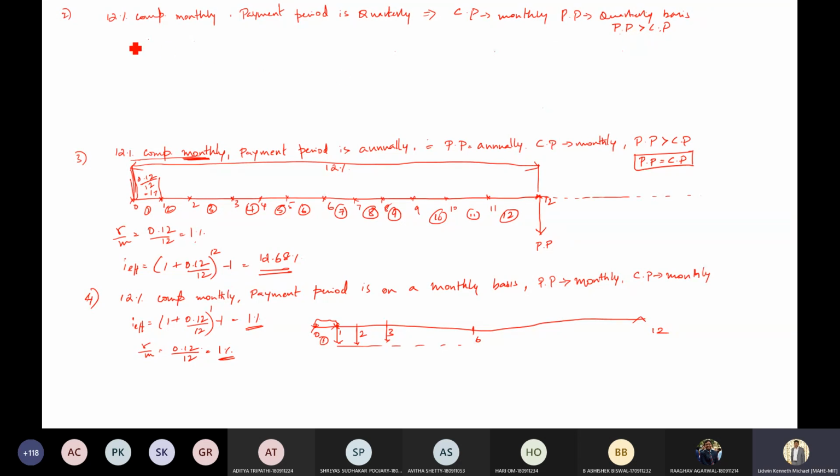So drawing the cash flow, now your payments are done on a quarterly basis, every 3 months. Now your first payment, as I said, that is your starting point.